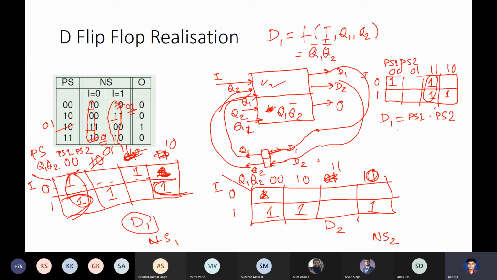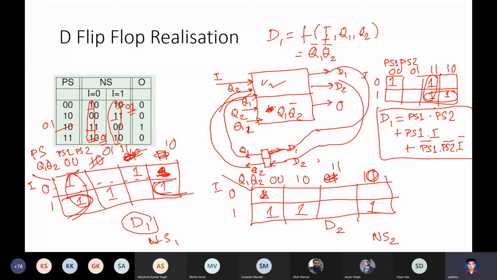Plus, for this it's present state 1 dot I, plus, what is this? It is PS1 bar, PS2 bar, I bar. Okay, so this circuit will be this.